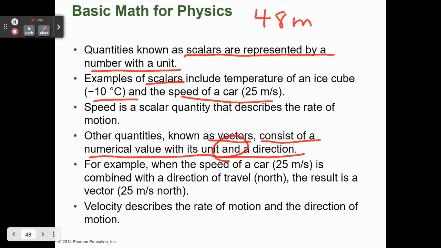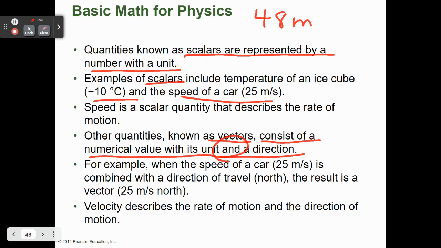Now, when I say north, that's kind of a vague direction. When we do problems with these, not only are we going to have north or south or east or west, we're going to have degrees associated with it. You might be going 50 degrees north, 40 degrees, whatever. We're going to get more specific with that later on.